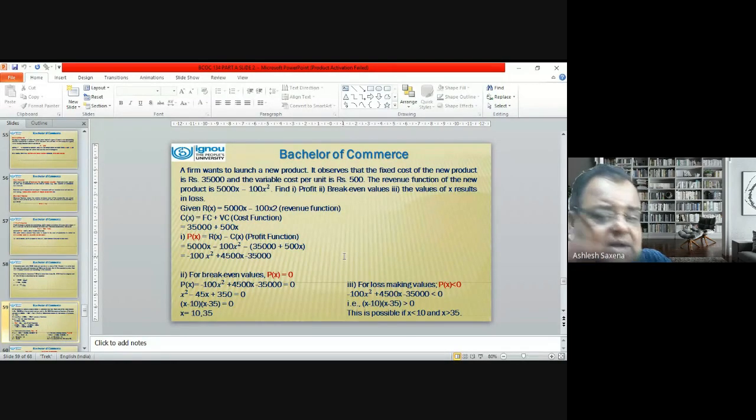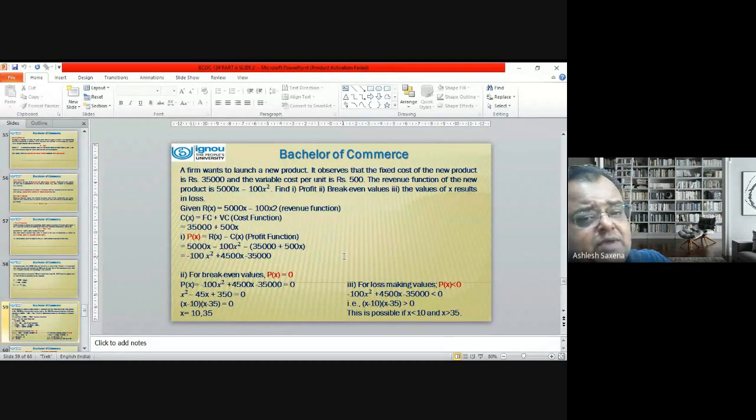Now, nothing to worry. Don't look at the problem solution right now. What we are given is the launching of a new product. Here a fixed cost is available to us, and a variable cost has been given. Going back to what we have discussed, the total cost is a summation of fixed cost plus variable cost.